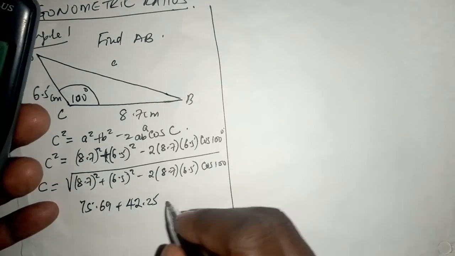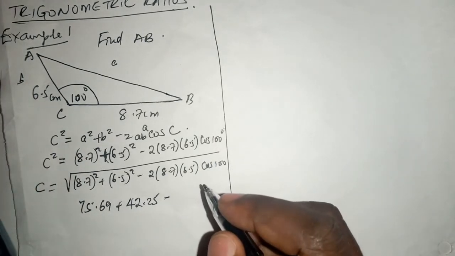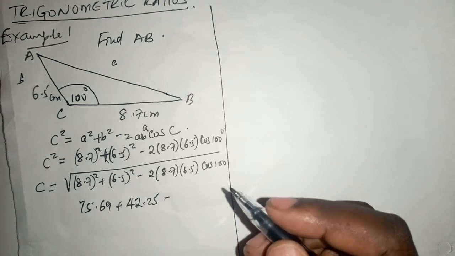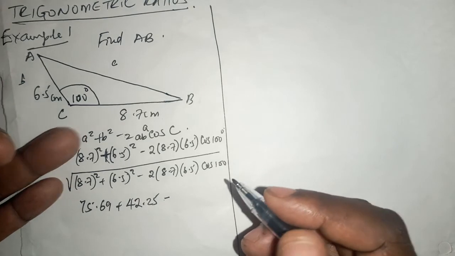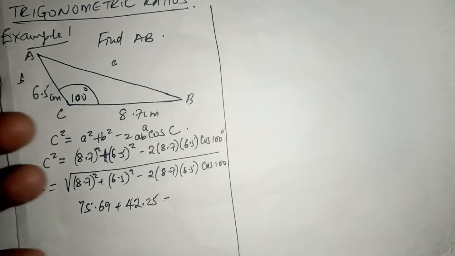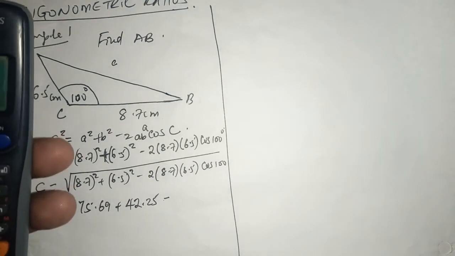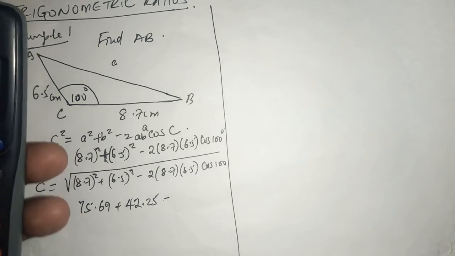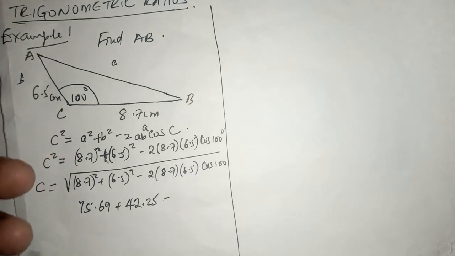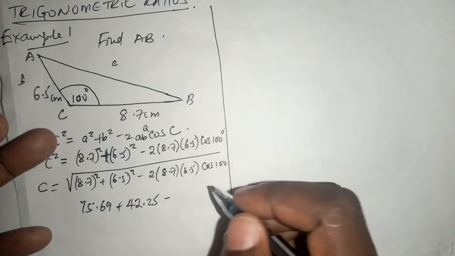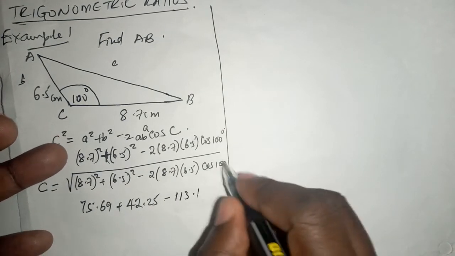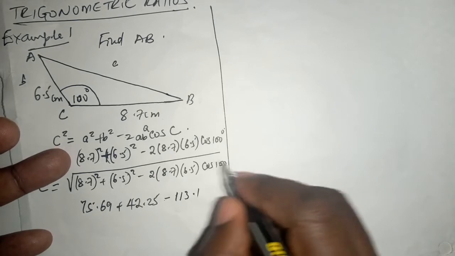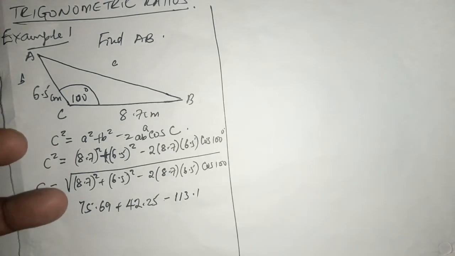Minus 2 times 8.7 times 6.5, which equals 113.1, which is now to be multiplied by the cosine of 100.